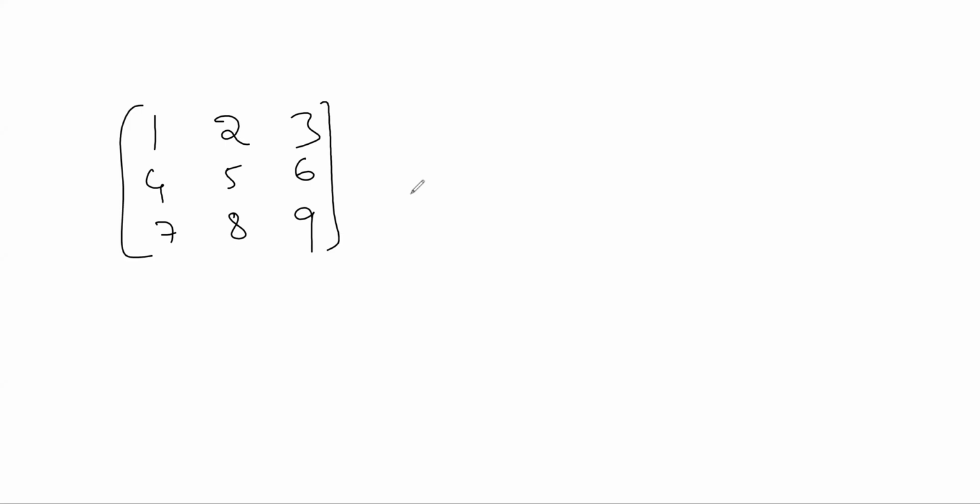Just consider 1, 2, 3, 4, 5, 6, 7, 8, 9. Can you say whether these three rows are linearly independent or dependent? Because you know the method to find the linear independence. Just find the determinant.